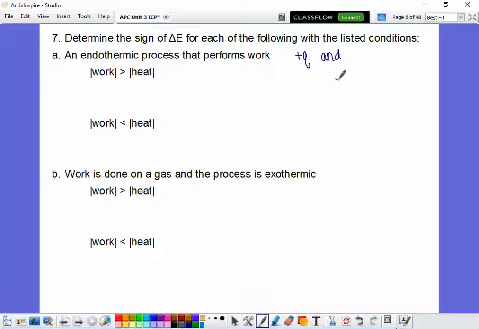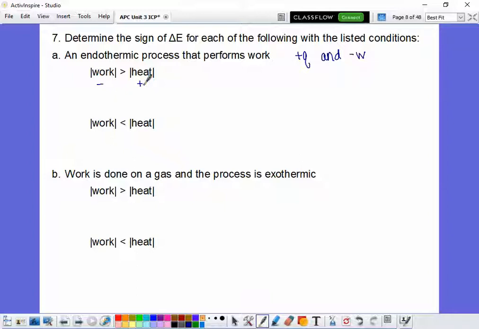And what sign does my work have? Negative, because it's doing the work. So we have two things that have opposite signs. When we add them together, the size of these values will dictate the overall sign for delta E. So when the magnitude of work is greater than the magnitude of heat, with work negative and heat positive, which one wins out?